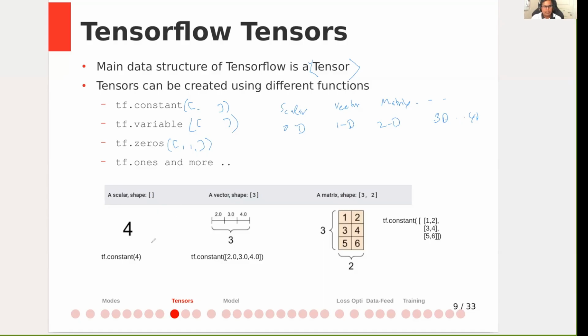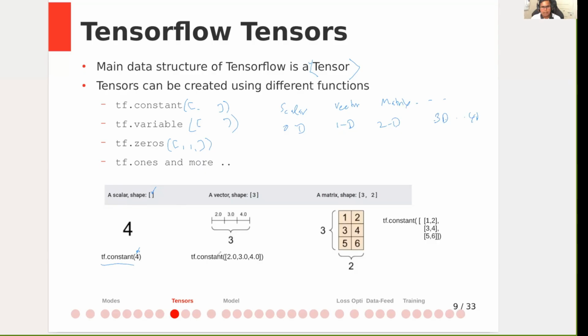Here's an example where we have used the function tf.constant to create a scalar tensor. As you can see, the argument is the scalar value 4. Then you have this tensor, which is a zero-dimensional tensor. If you try to find out the shape of this tensor, you get an empty array.